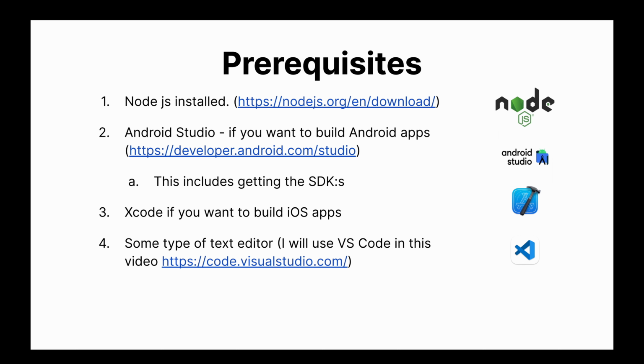I'm going to be using VS Code as my text editor, and VS Code has a built-in terminal, so that's where I'm going to be executing all of the commands. Now that we have covered that and you have installed the tools that you need, I just want to mention that all the commands I'm going to run today that are related to Capacitor can be found in their documentation.